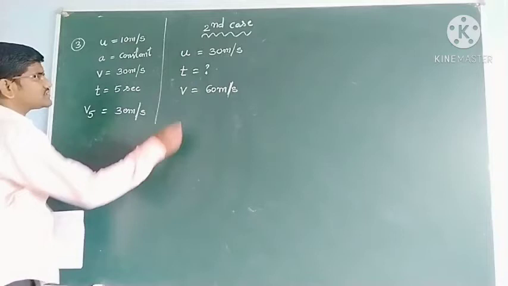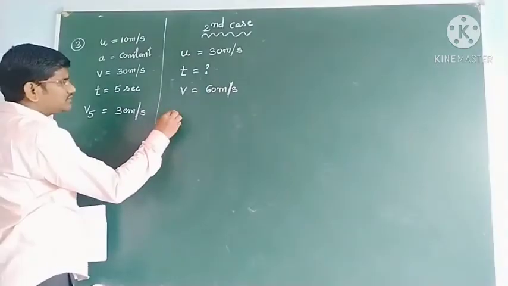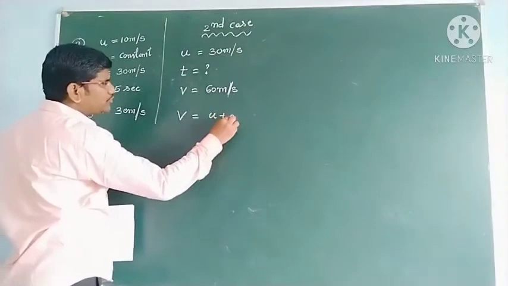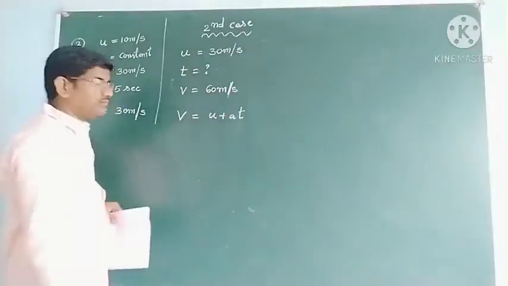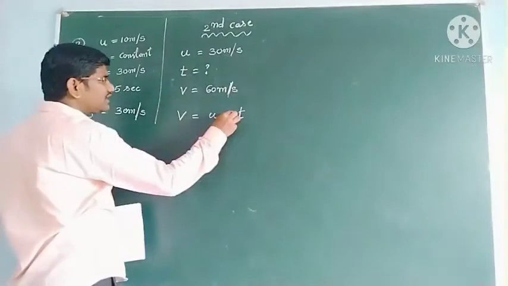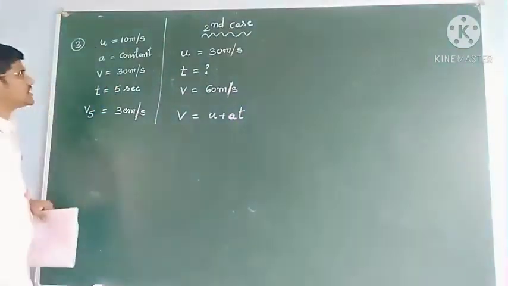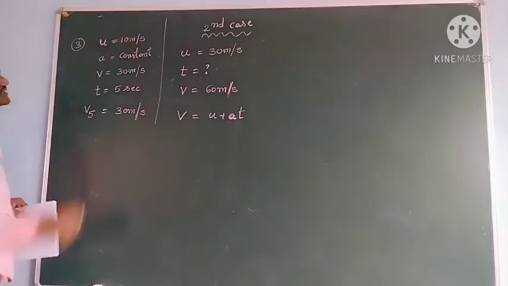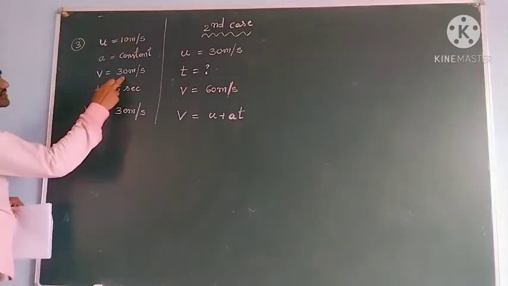Okay students, I will use the equation v is equal to u plus at, but I don't know the value of a. I will get a from here. It starts from 10 meters per second velocity and becomes 30 after 5 seconds.